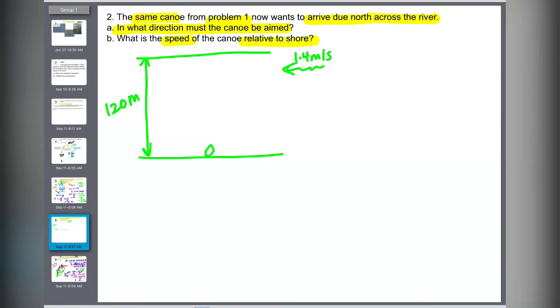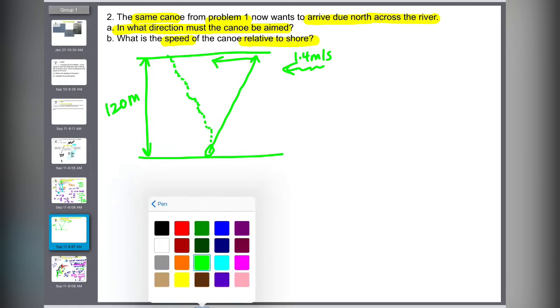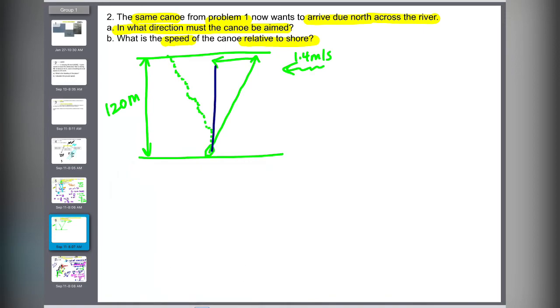If the canoe heads directly straight north, it's going to be pushed towards the west by the river, right? So to counter that, he's going to head a bit more to the east. So the canoe is going to have to point this way to the east so that the river will push them towards the west so that you will end up directly across the river.